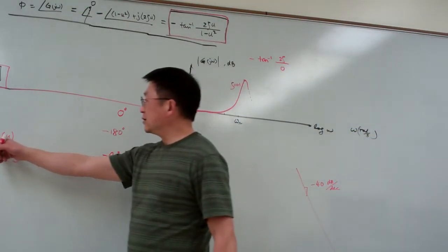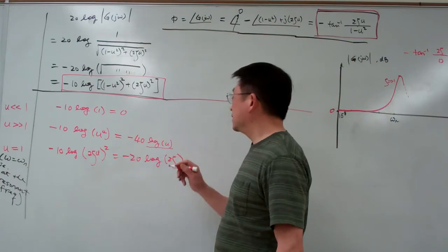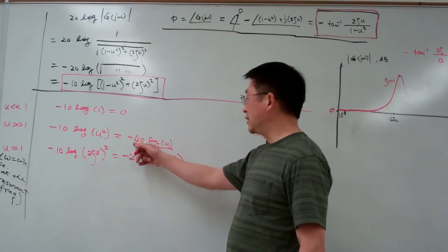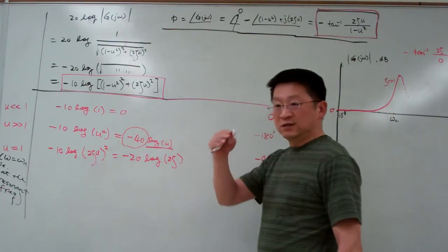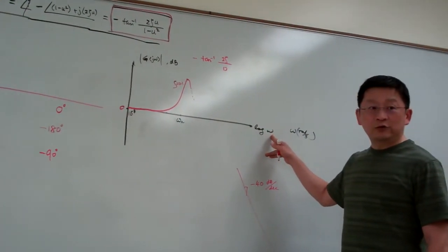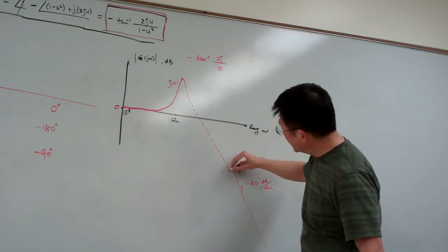That means the magnitude divided by the log of omega equals minus 40. This represents the slope of the asymptote when omega is big. So basically you can approximate something like this.